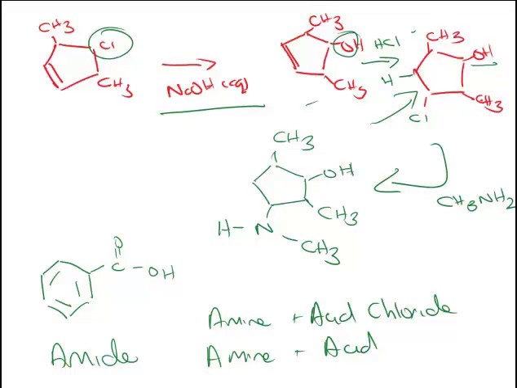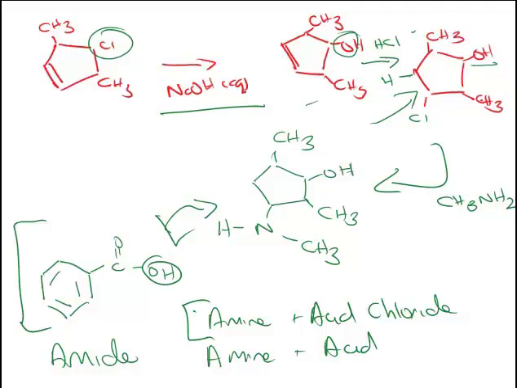Now, looking at this starting reactant, we have to consider that we're trying to create an amide link here, and how these two are going to somehow get together. One of the ways you've been taught is that an amine plus an acid chloride is the preferred way. An amine and acid is a way that can be done, but when we're talking about amine and acid, there's a chance of an acid-base reaction, and this tends to be the preferred way.